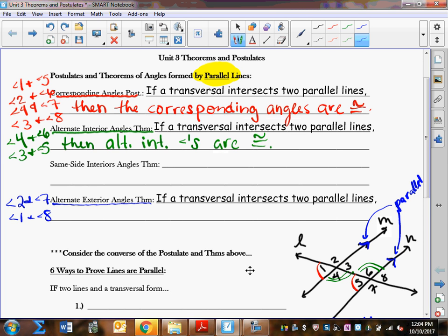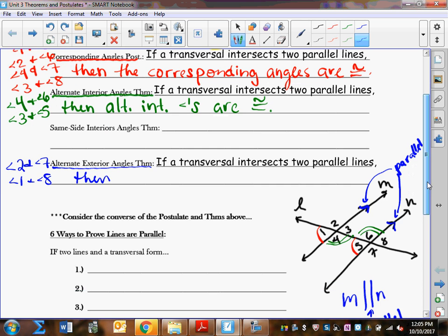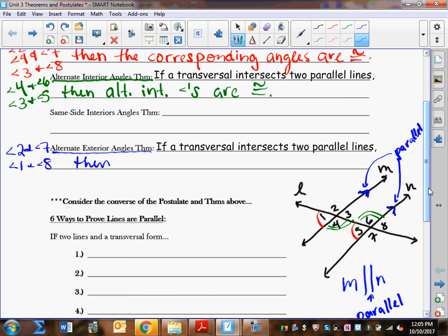Alright, go ahead and bring it back up front. Copy down that part, the conditional part. If the transversal intersects two parallel lines, so same conditional. If a transversal intersects two parallel lines, then alternate exterior angles are, what do you guys think?